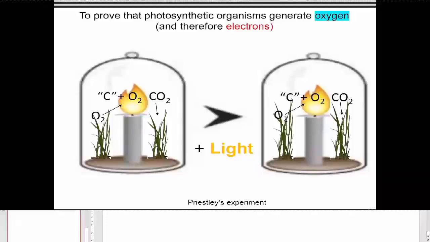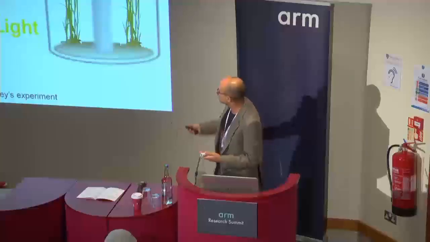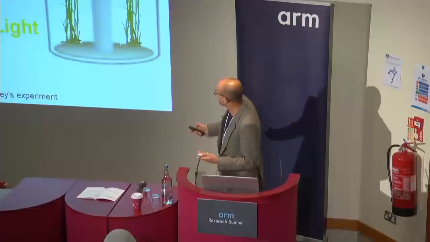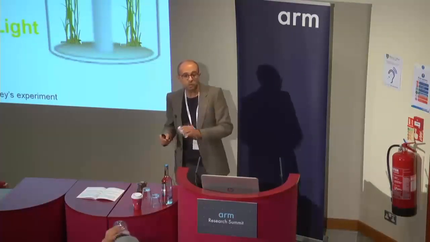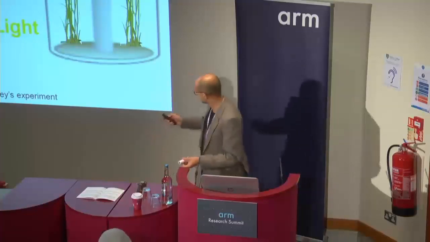The reason is that the oxygen is coming from plants through photosynthesis. And again, production of oxygen is linked with the production of electrons.